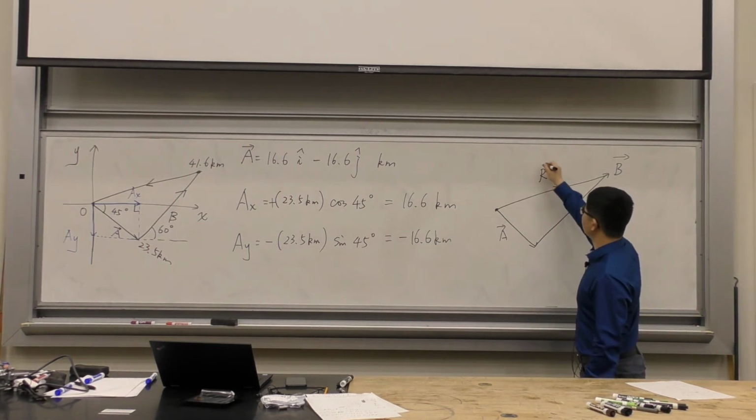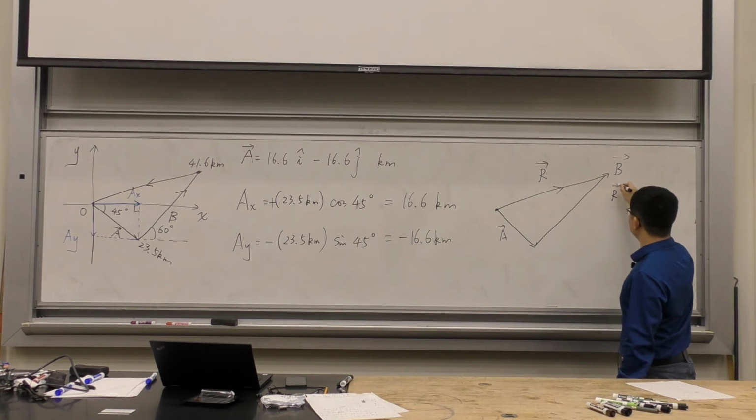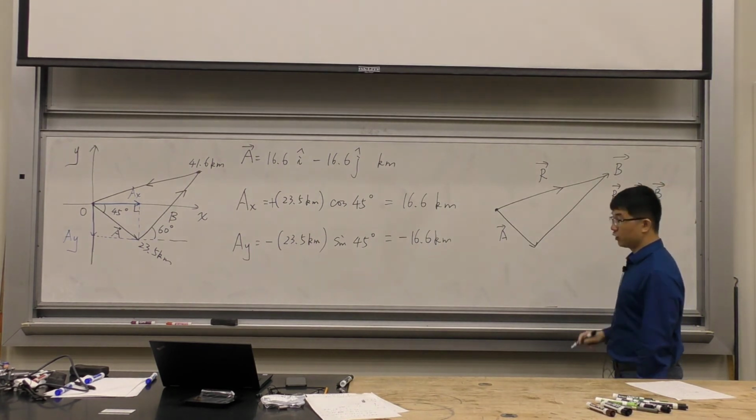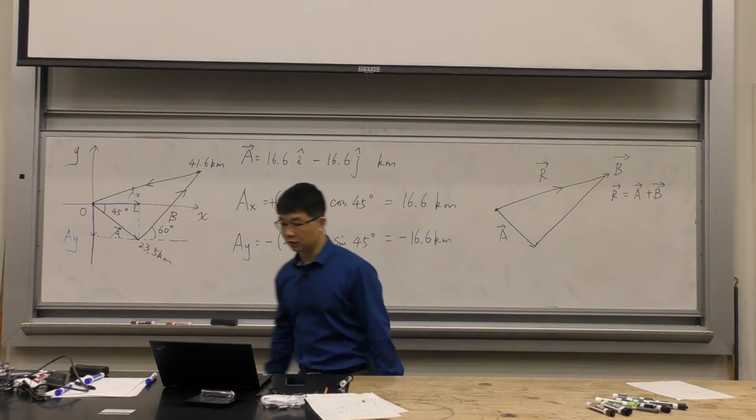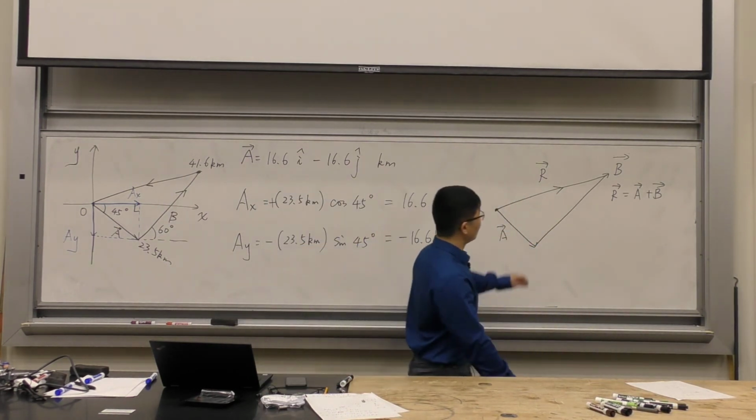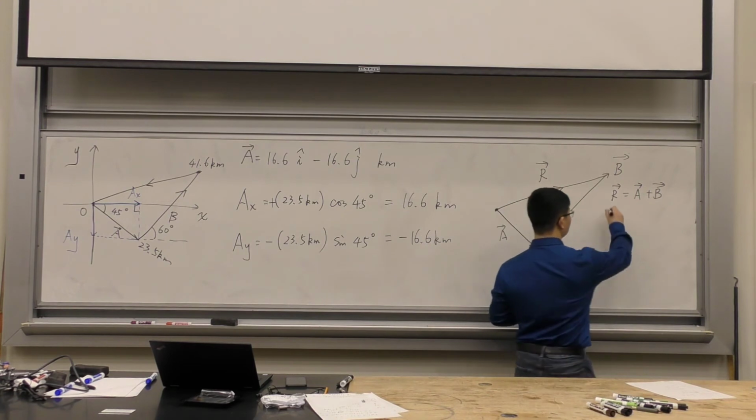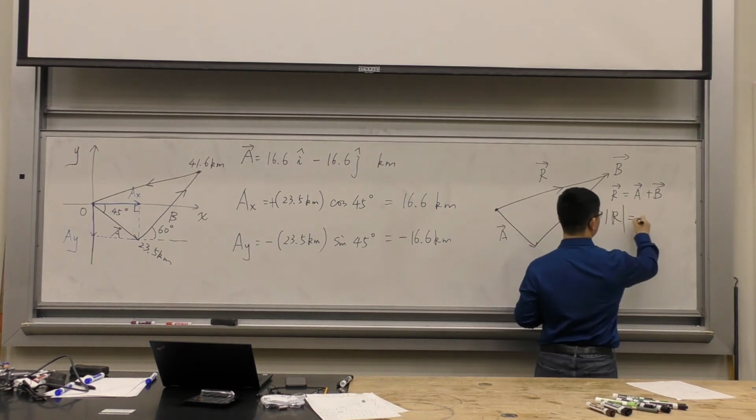If I call this vector R, it's just going to be A plus B. You see that we're making use of the theory we just learned. So I just need to find the magnitude of this vector.